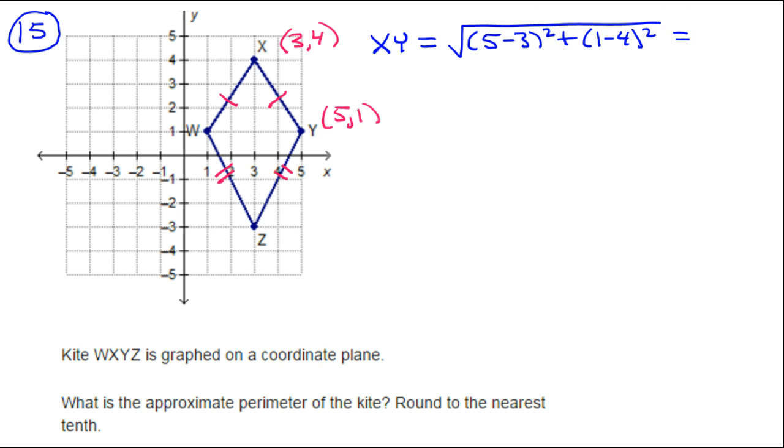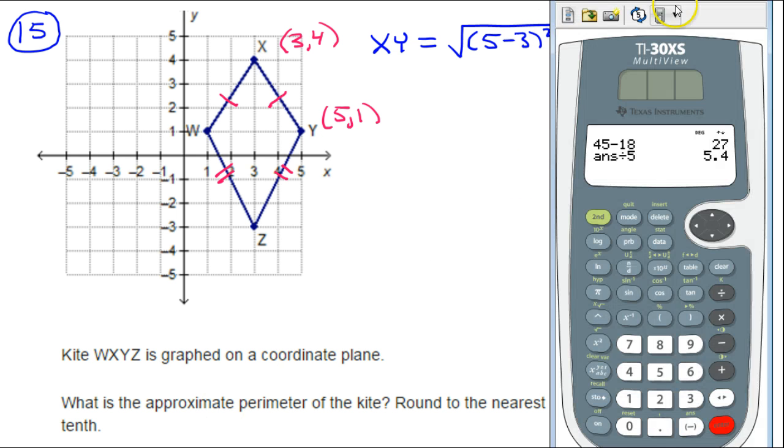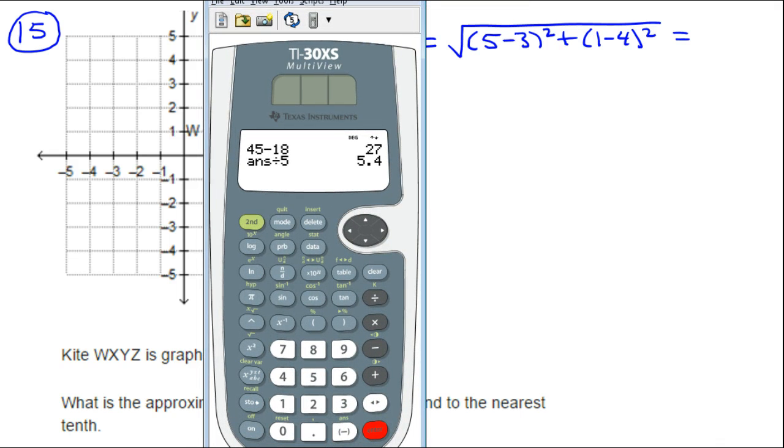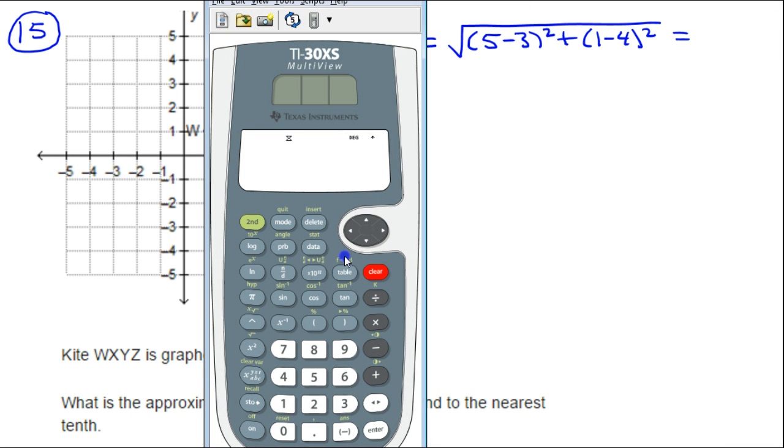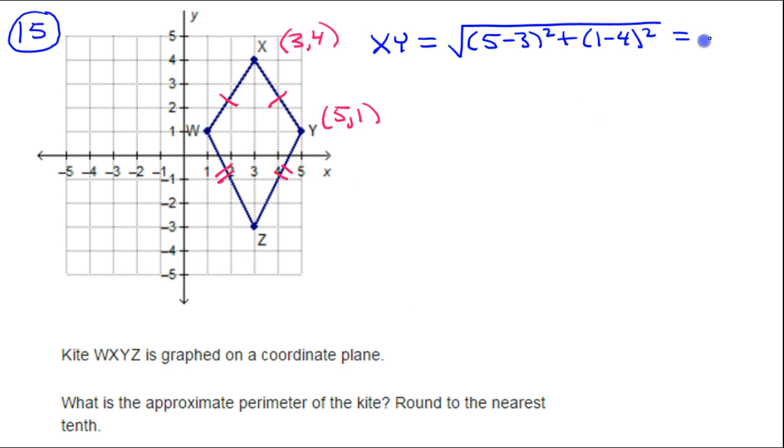Okay, and we could do that by hand, or you could use a calculator. Okay, so that turns out to be radical 13. Okay, that means this is radical 13. So this is also radical 13.